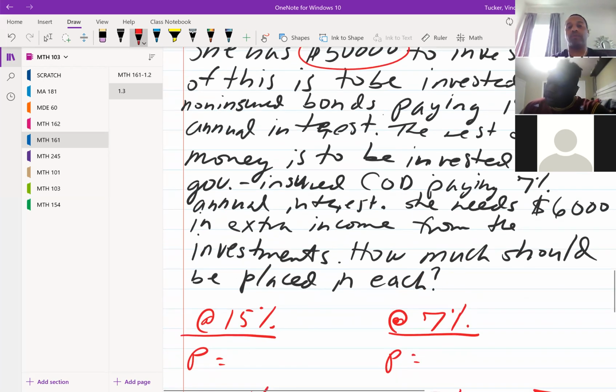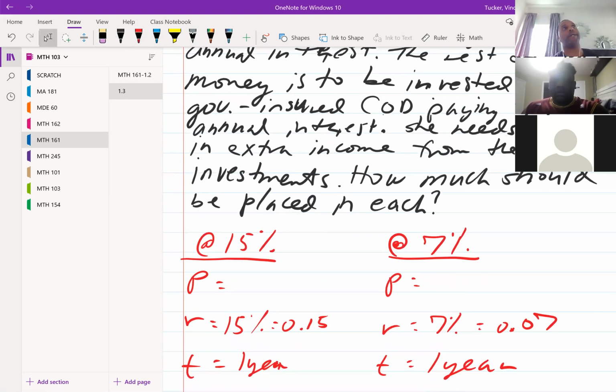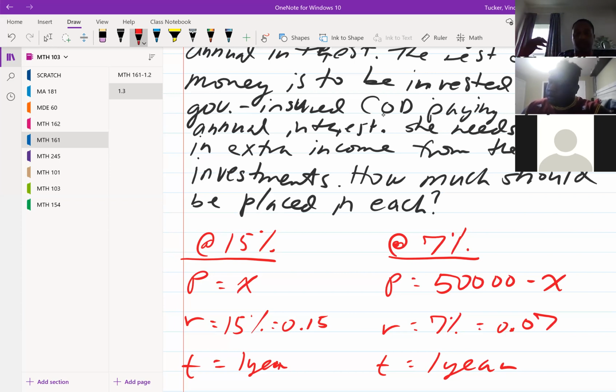Whenever they give you a total, but they don't give you any type of relationship between how much you're going to deposit in each account, what you can do is let one of them be equal to X, and then the other one be the total minus X. So in other words, if I solve it and I get X is equal to 2,000, that means the amount deposited in the 7% account will be 48,000 because it would be 50,000 minus the 2,000. So that's how you always can do it.